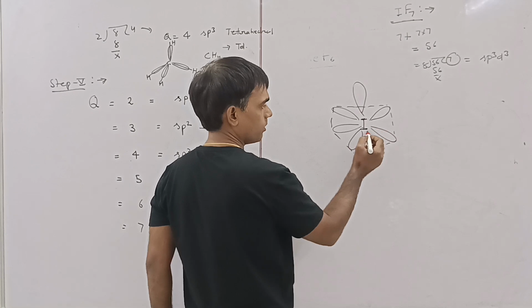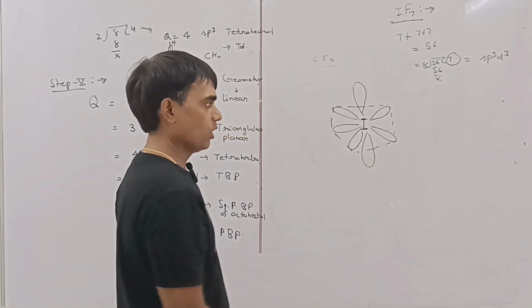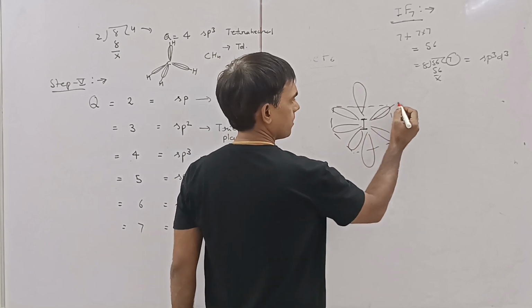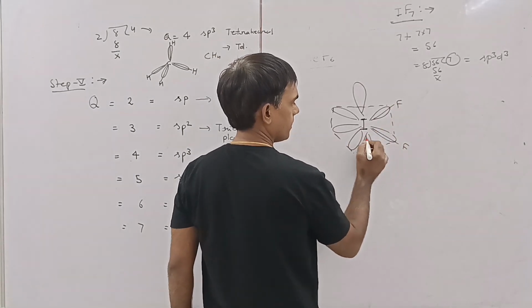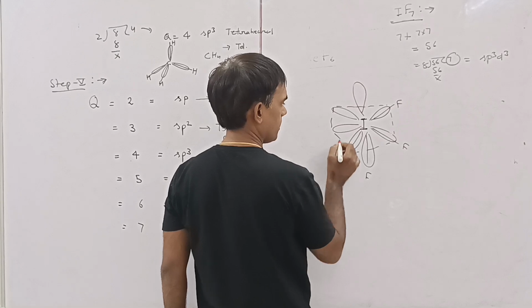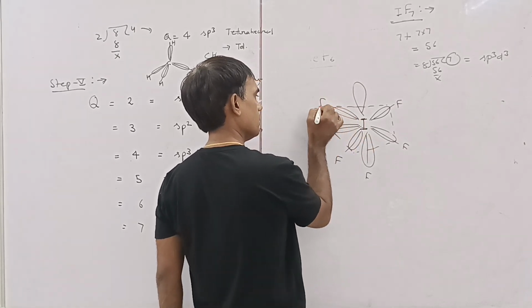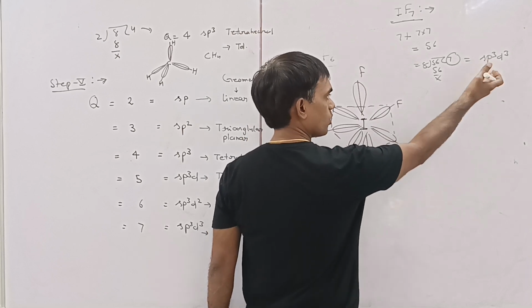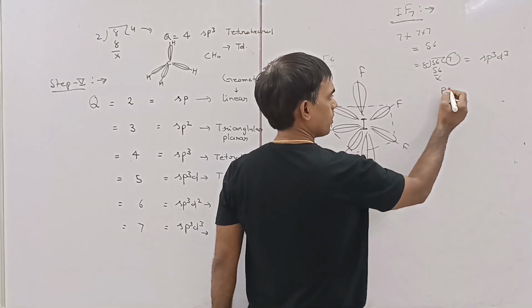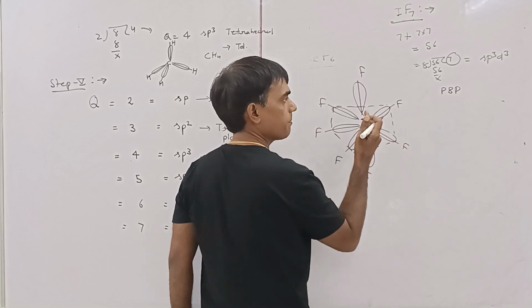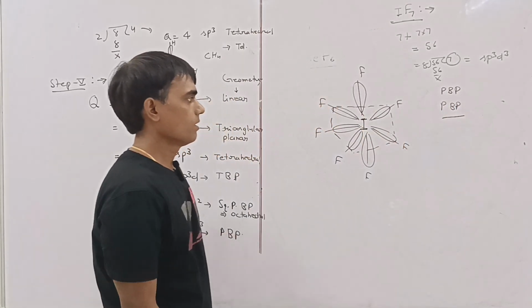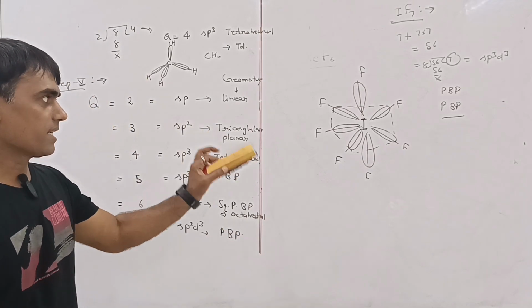One hybrid orbital above this pentagon and one below, perpendicular. Now one fluorine here, here, here, like this. So the geometry according to this hybridization is pentagonal bipyramidal, and the shape is also pentagonal bipyramidal. So it is exact.